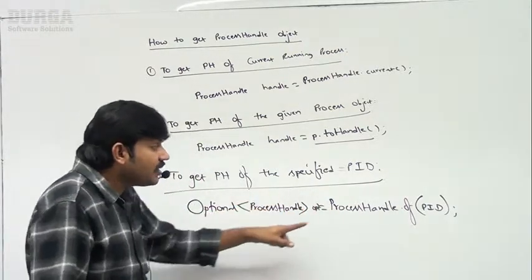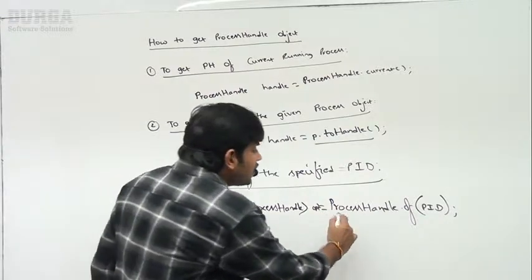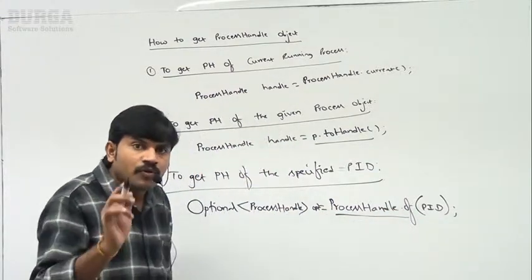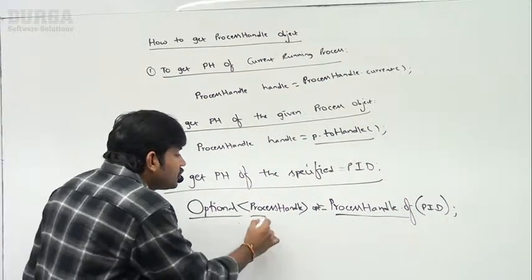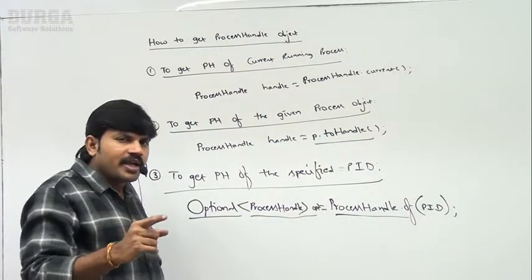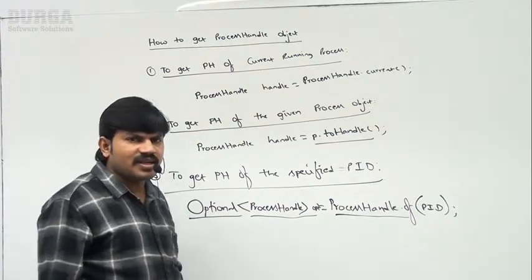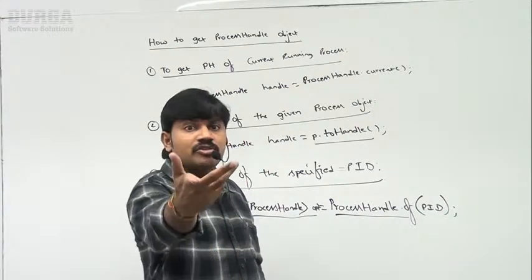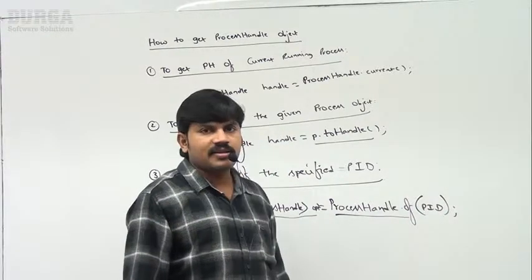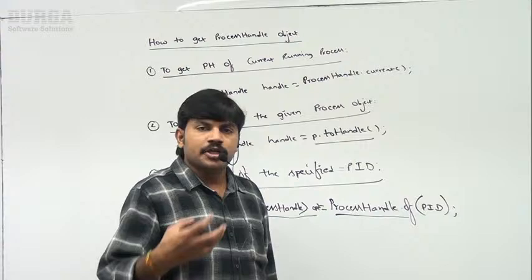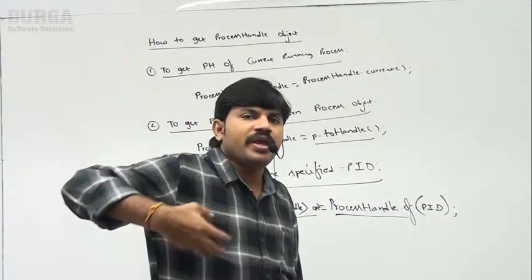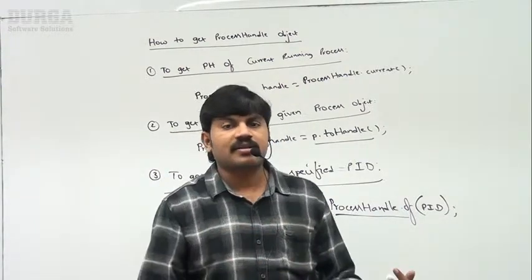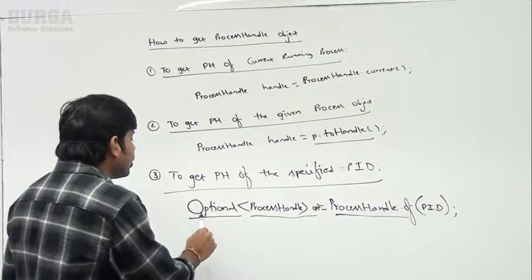Sir, what is the return type of ProcessHandle.of? Optional. Remember that. Why is it Optional? Because this PID may exist or may not exist. There is no guarantee that this PID will compulsorily be there. That's why you may get a ProcessHandle object, or may not get one. That's why, so what is it going to return?